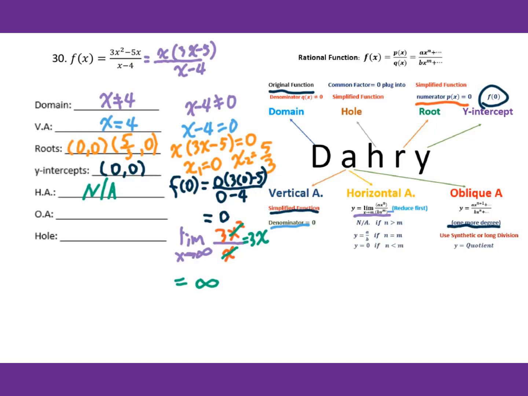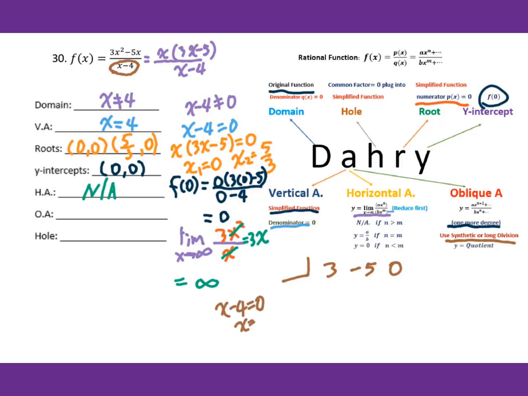How to work this out? Use synthetic division or long division. Since the denominator is a linear function, let's use synthetic division. 3, negative 5, 0. No missing term. Then x minus 4 equal to 0.